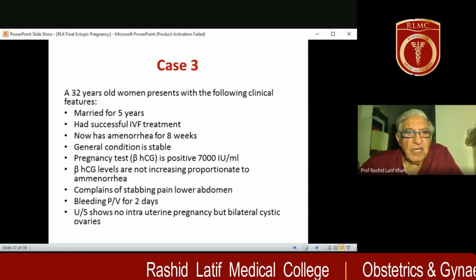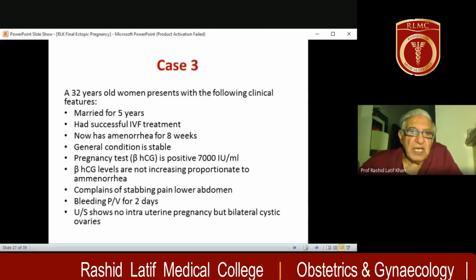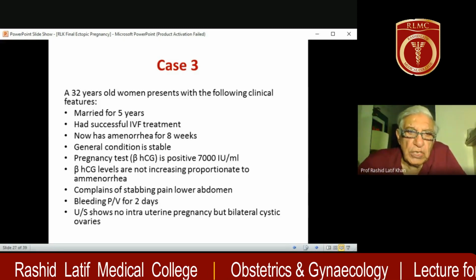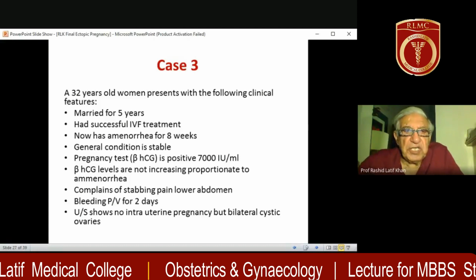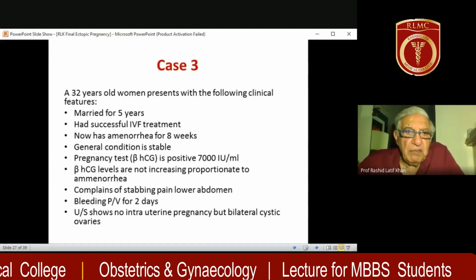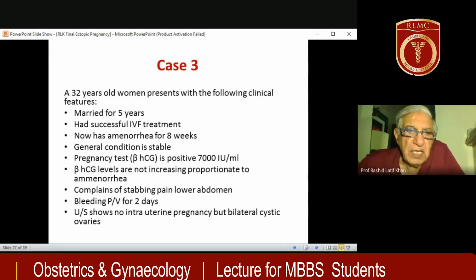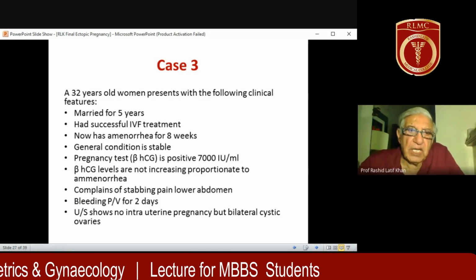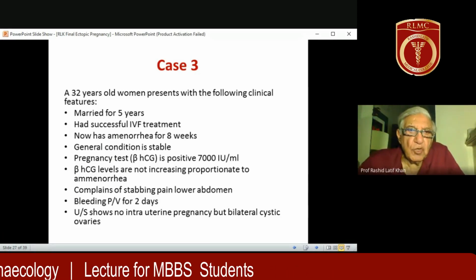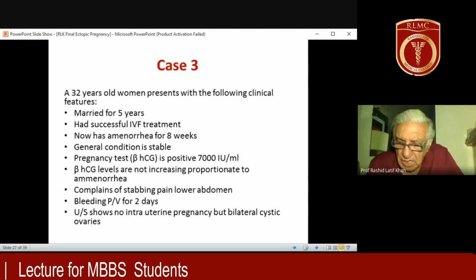And if it starts decreasing, then it means whatever the pregnancy was, it is degenerating itself, and maybe it will not need any methotrexate medical treatment or surgical treatment. So this is the patient who will require expectant treatment.